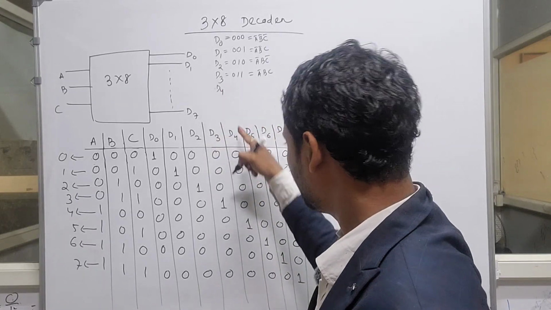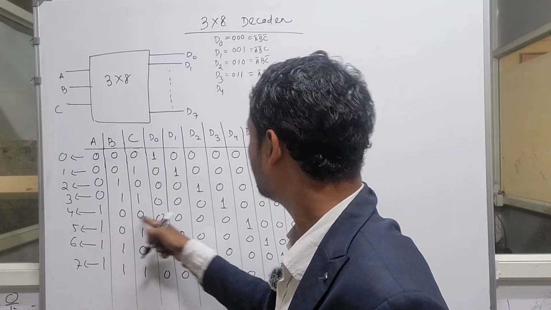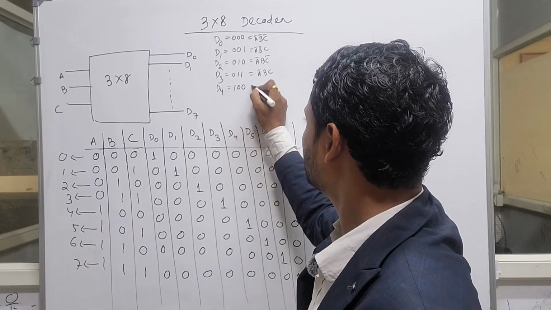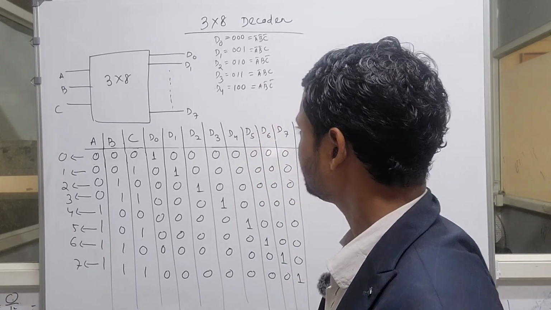And D4 check करो एक बार. D4 इधर है. corresponding input are 1 0 0, मतलब 1 0 0. 1 means A and this is B bar, C bar.